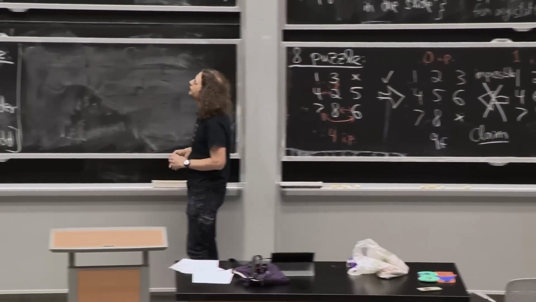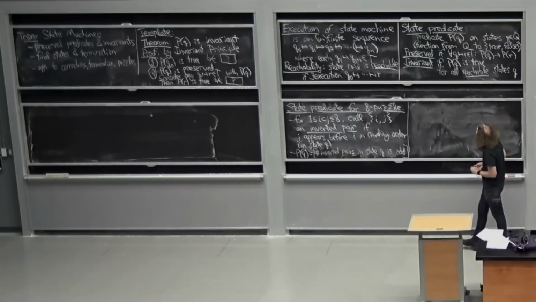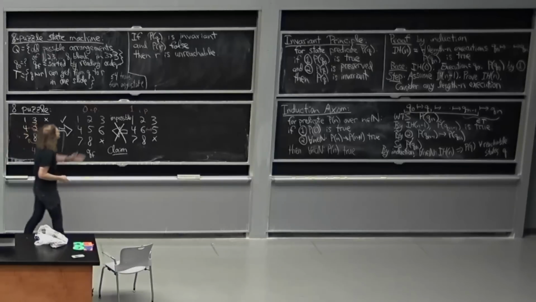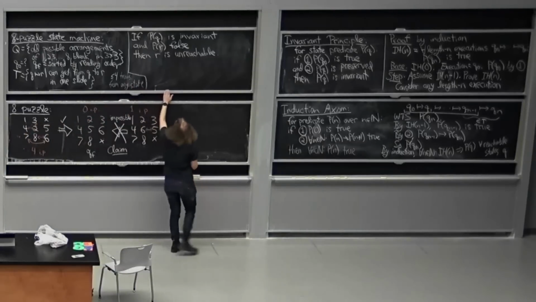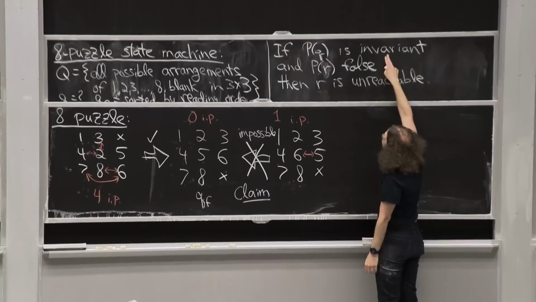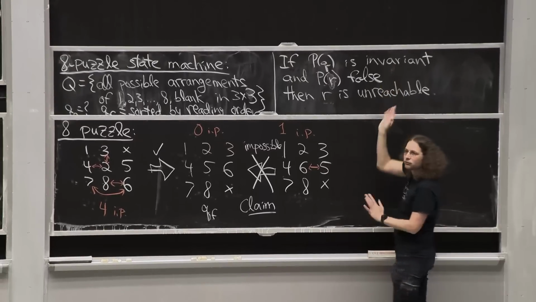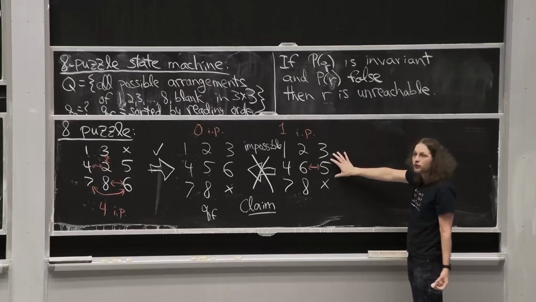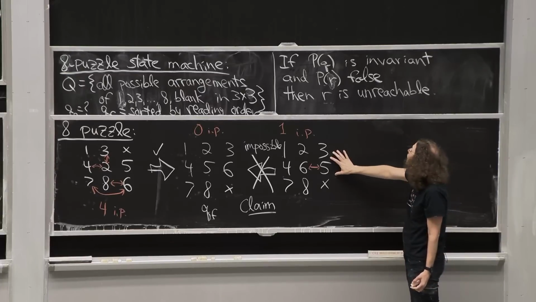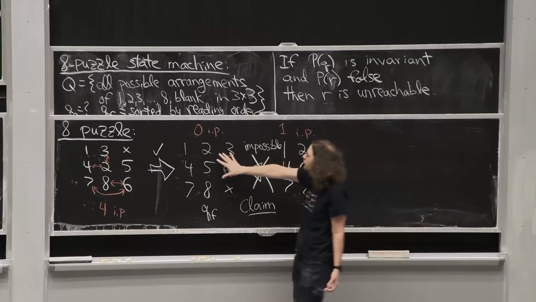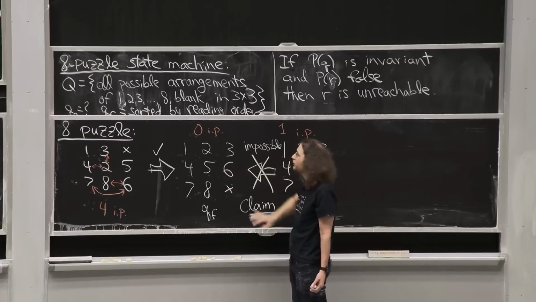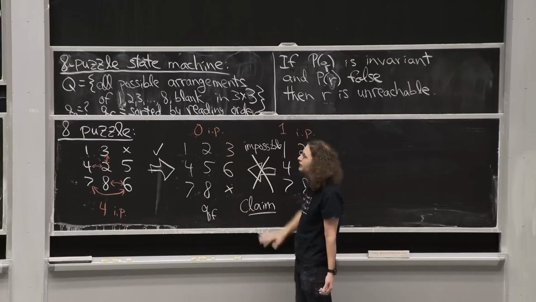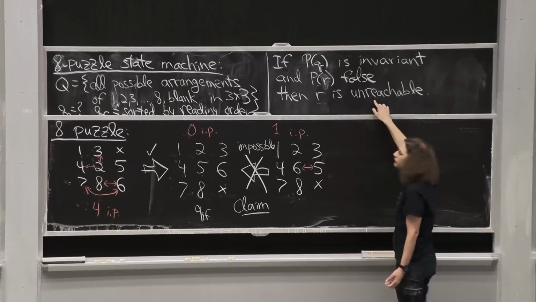Why is that interesting? Because over here, we said, suppose we can show that P of Q is invariant. I claim that's true. If we start from here, where P of Q starts true, because the number of inverted pairs starts odd, and we find another state where P of R is false, because here the number of inverted pairs is even instead of odd, then R is unreachable.